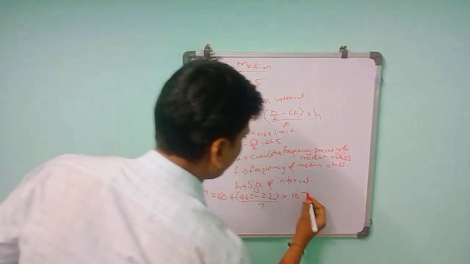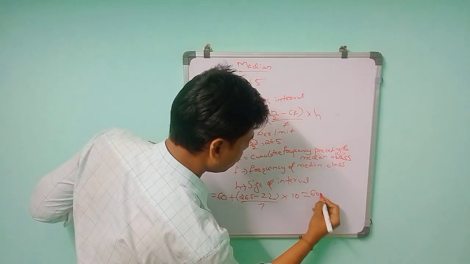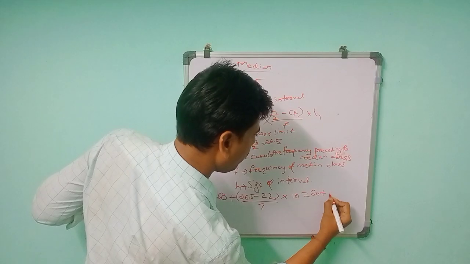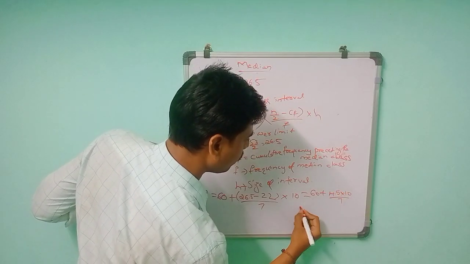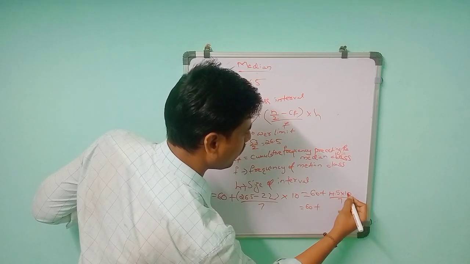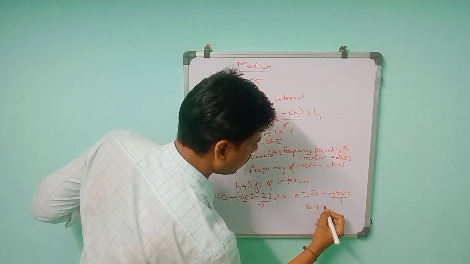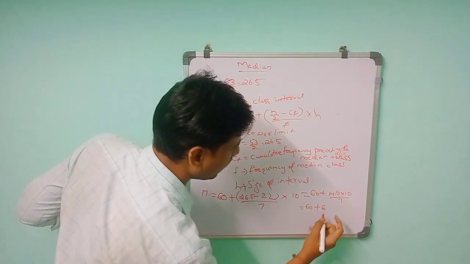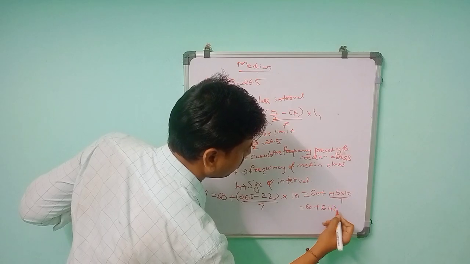Then if we solve this, you will get 60 plus (26.5 minus 22, which is 4.5) into 10 divided by 7. So 4.5 into 10 is 45, and 45 by 7 is 6.42.